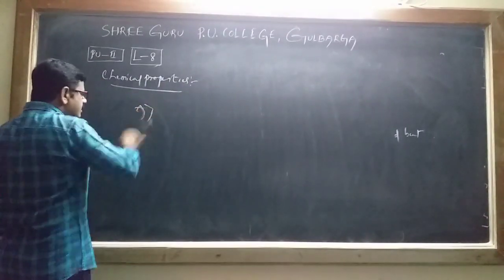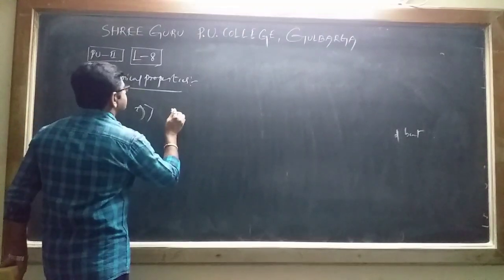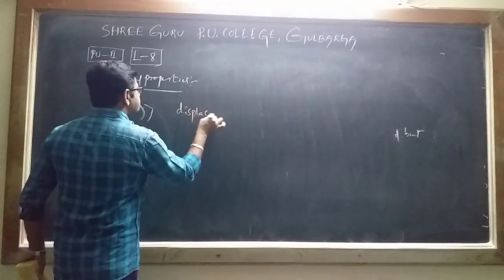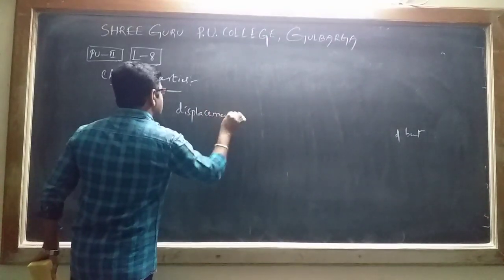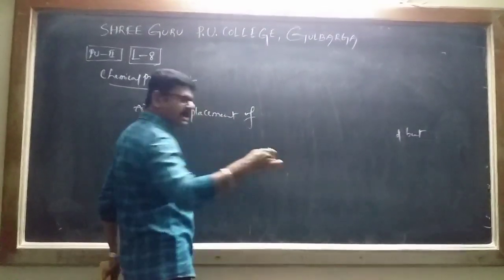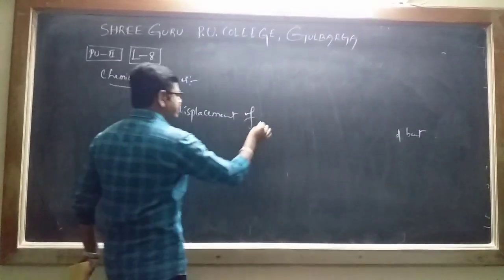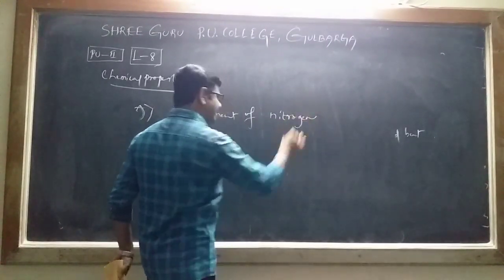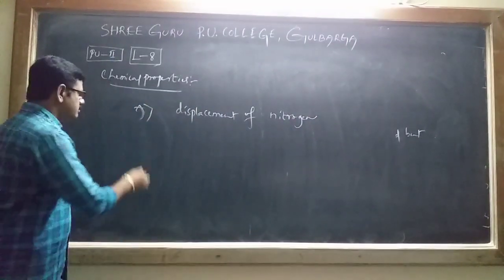A includes reactions involving displacement of nitrogen, or you can say the displacement of the diazonium group.